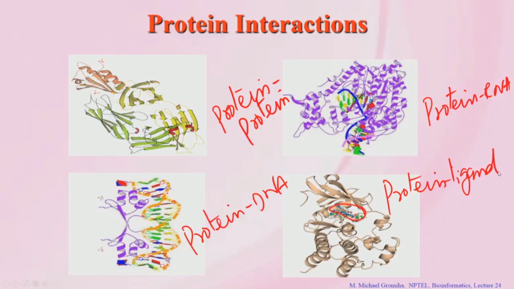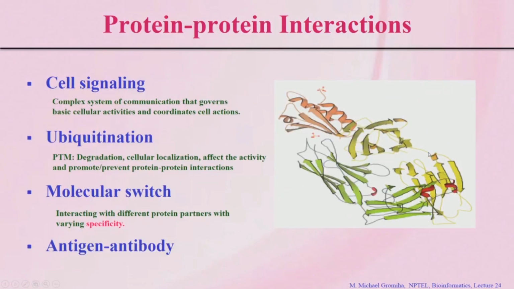These interactions are important for various cellular processes. For example, protein interactions are involved in processes like cell signaling, a complex system of communication which governs basic cellular activities as well as coordinating cellular actions. Ubiquitination is a post translational modification which also affects the activity and promotes or prevents the formation of these protein interactions.